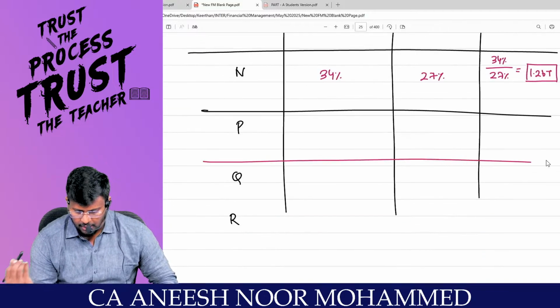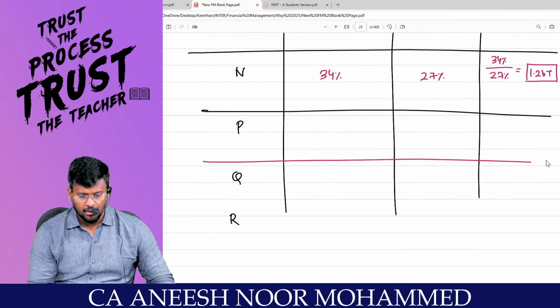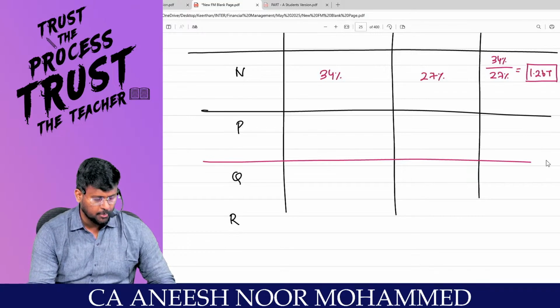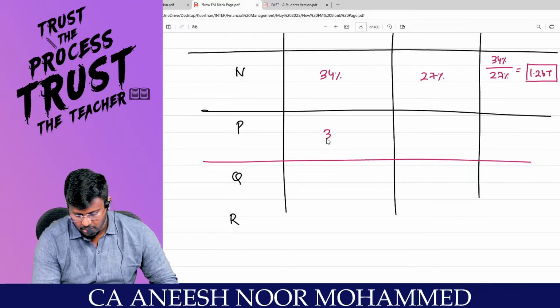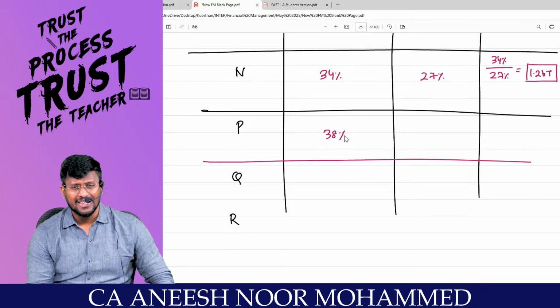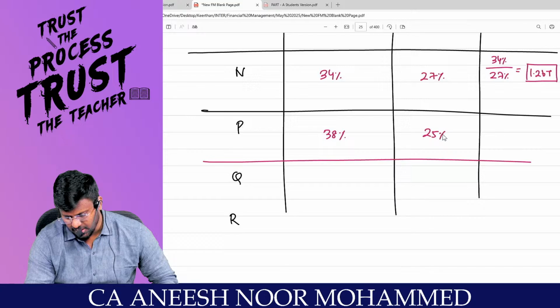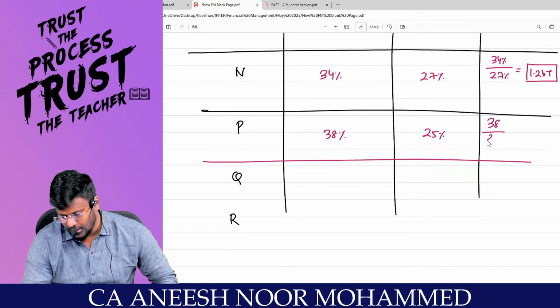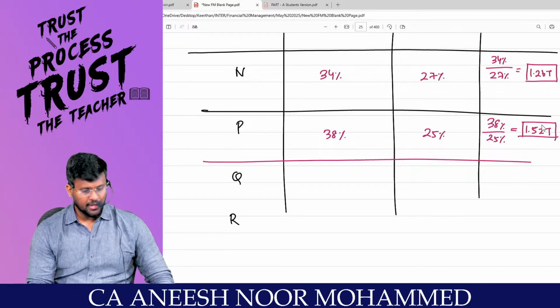Coming to the next one, firm P, what is the percentage change in EBIT? 38%. What is the percentage change in sales? 25%. So 38 divided by 25 comes to 1.52 times is the operating leverage.